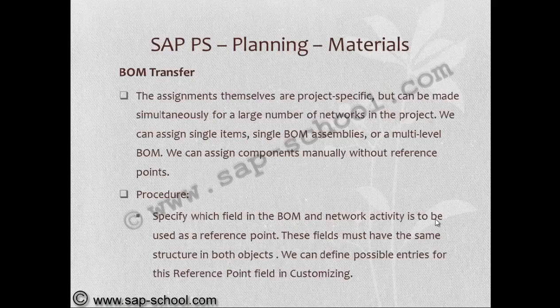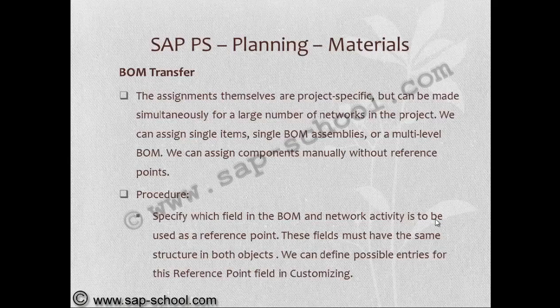The assignments themselves are project specific but can be made simultaneously for a larger number of networks in the project. We can assign single items, single-level BOM assemblies, or a multiple-level BOM. We can assign components manually without reference points.